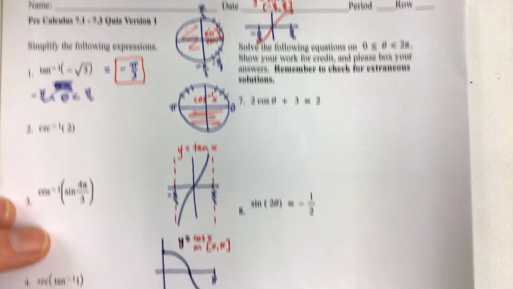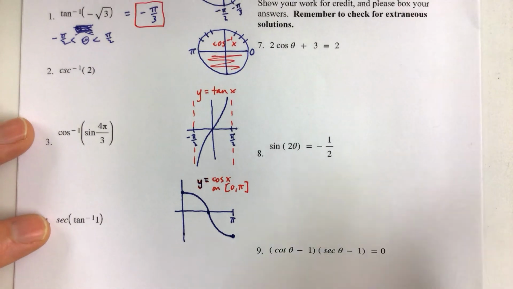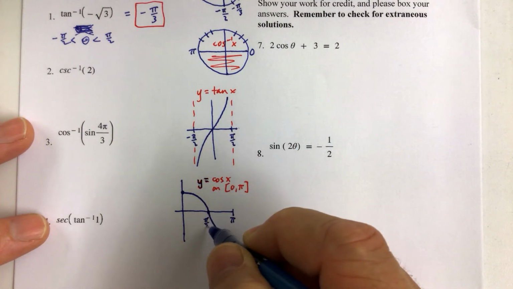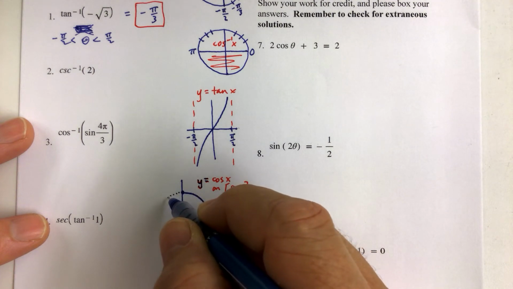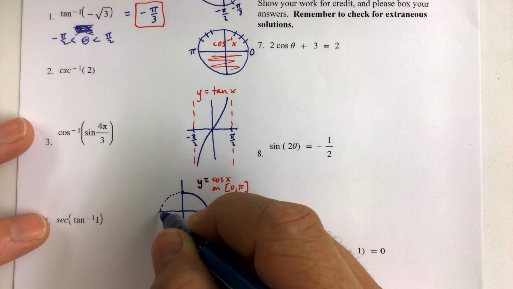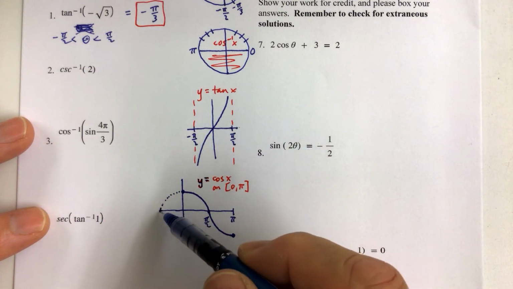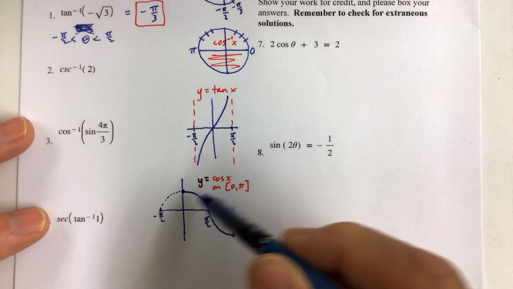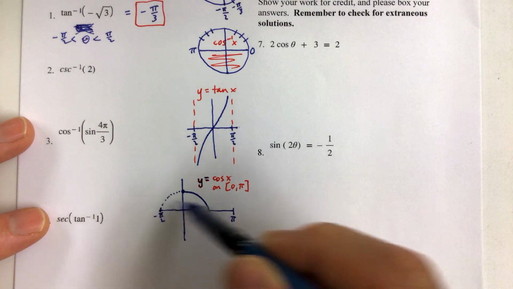And then the cosine, though, if we restricted the cosine from negative pi over 2 to pi over 2, remember the cosine's graph would go down to the left like that, and it would not be one-to-one.